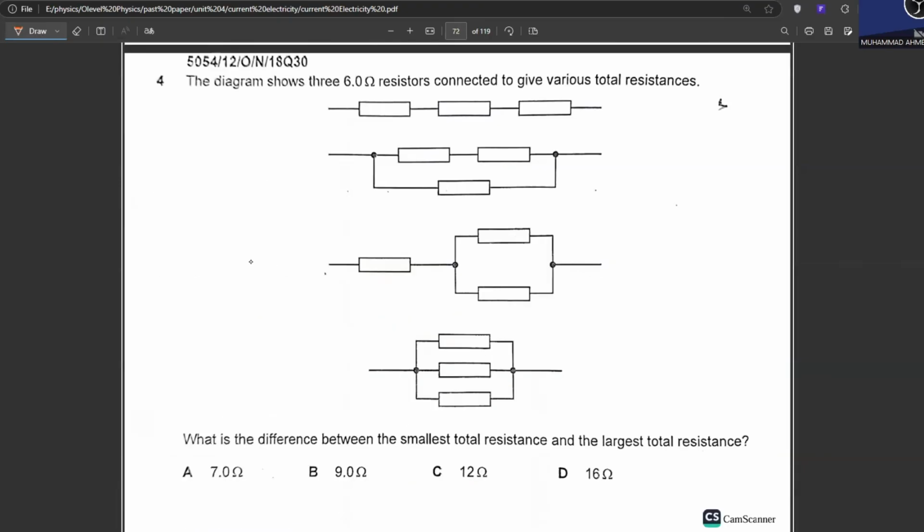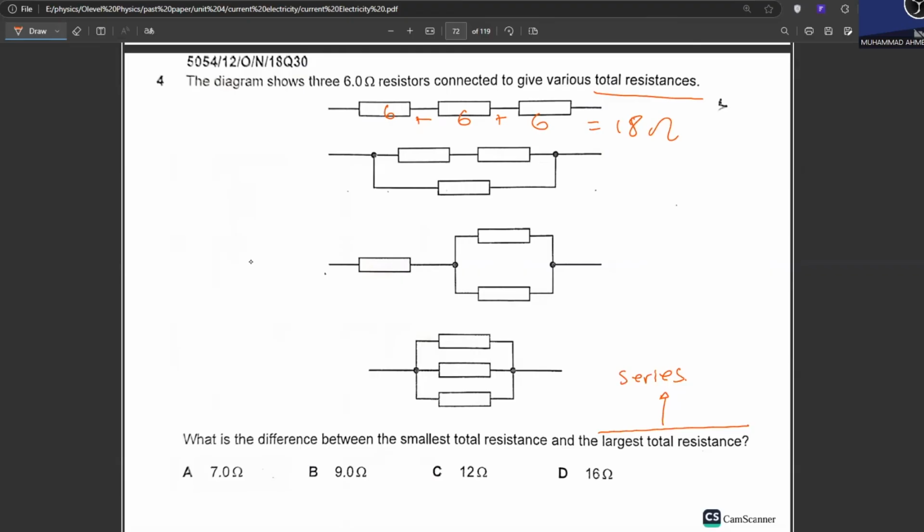The diagram shows three 6 ohm resistors connected to give various total resistances. What is the difference between the smallest total resistance and the largest total resistance? Always remember the largest total resistance occurs when all resistors are connected in series: 6 plus 6 plus 6, which becomes 18 ohms.